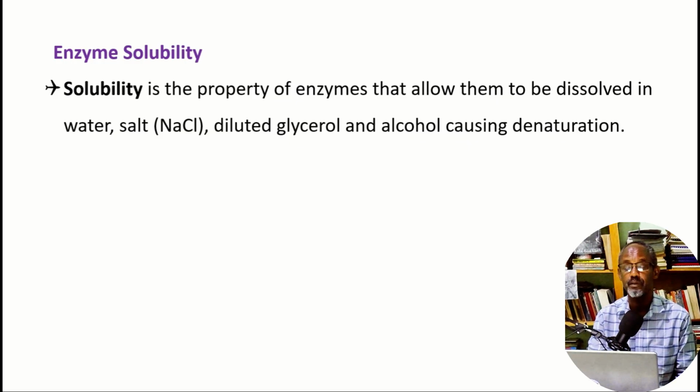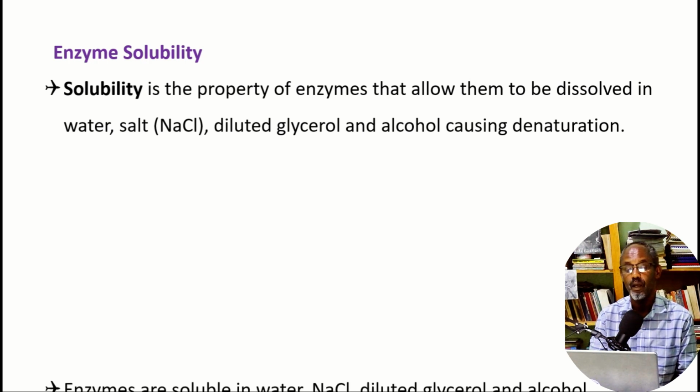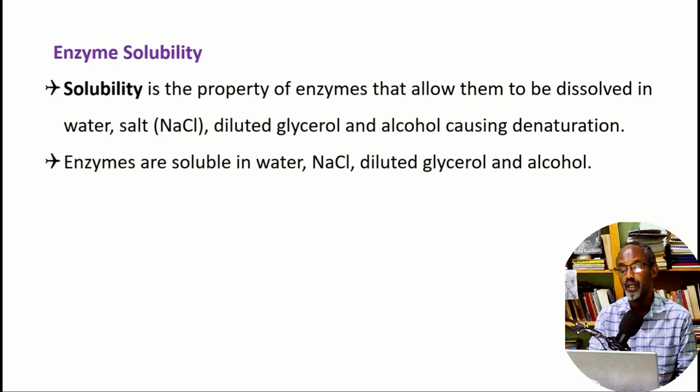If it is in water, the natural, normal solvent, and optimum concentration of salt, not extra concentration of salt, it's soluble without losing its three-dimensional shape, functional. Enzymes are soluble in water, sodium chloride, dilute glycerol, and alcohol.